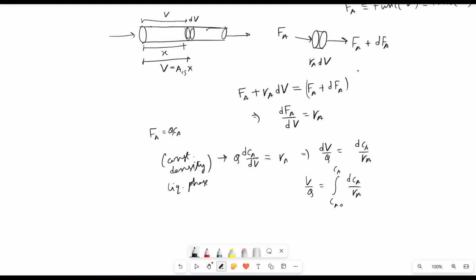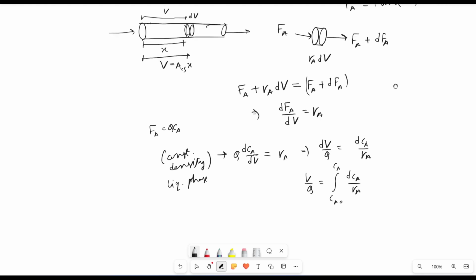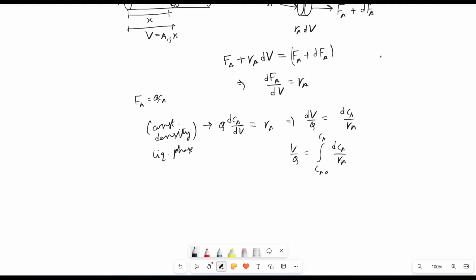Or a much safer option is to write in terms of conversion. FA can be written as FA naught times (1 minus conversion of A). Now as FA is a function of volume, which in turn is a function of position, XA will also be a function of position.